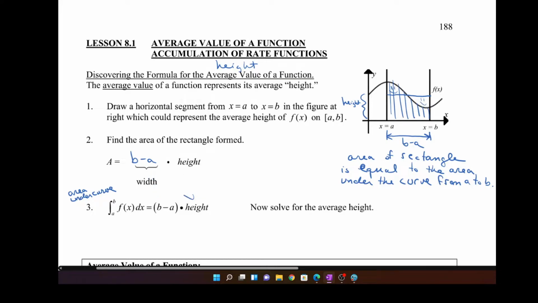And he says, let's solve for the height. So I'm dividing by B minus A. I'm dividing by B minus A. And so what we have is this. And we're going to go ahead and call that height the average height.